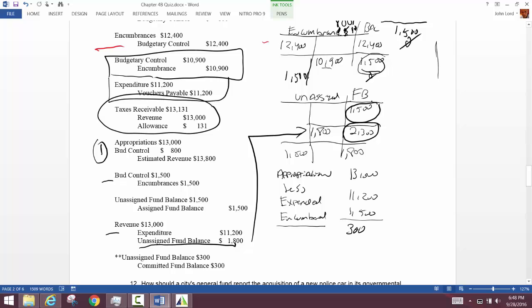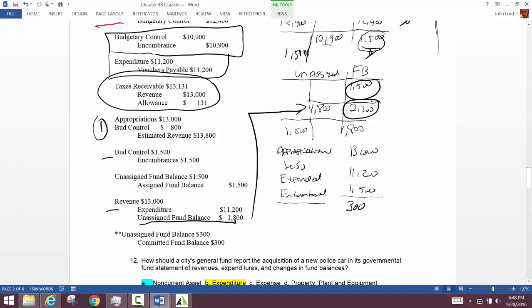Then I go ahead and I have to close my, set up my assigned fund balance for that encumbrance that's still outstanding. So I close the encumbrance, and then I go ahead and I set up the assigned fund balance for that encumbrance that's still outstanding, just like we saw in that example we were just looking at.